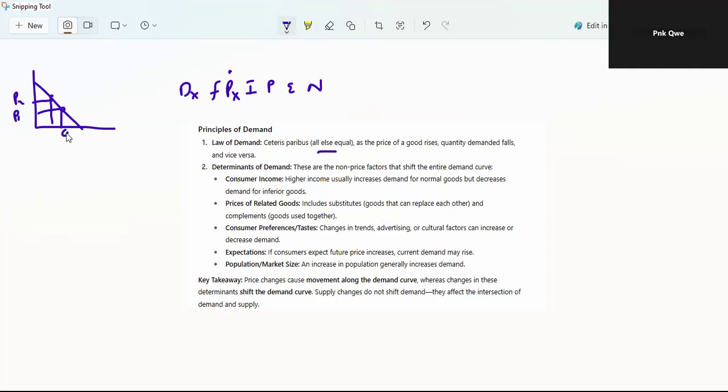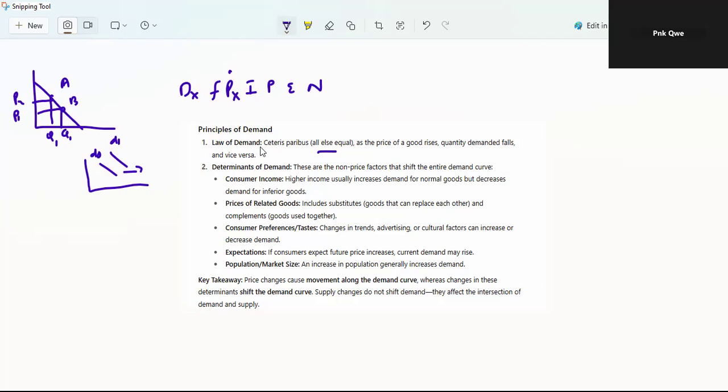This is an inverse relationship. Other factors will not do this; they will simply cause a shift either to the right or to the left. This shift can be an increase or a decrease in income. When shifting to the right, the demand will move from D0, where D0 means original, to D1, the new position.